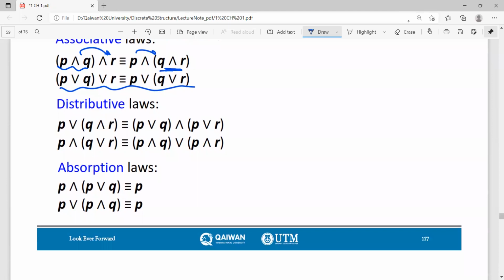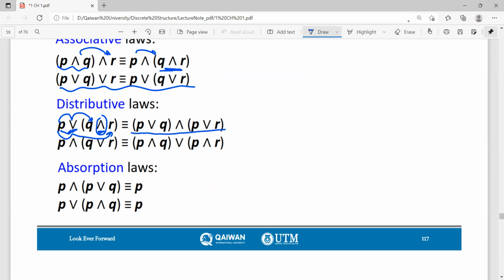Now I have distributive law. If you have different connectives, you say P or Q and R, it's equivalent to P or Q and P or R. Okay?